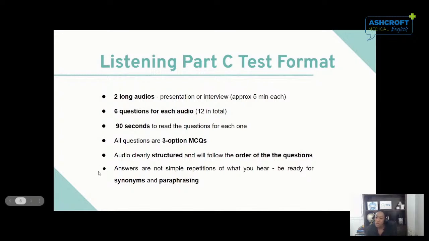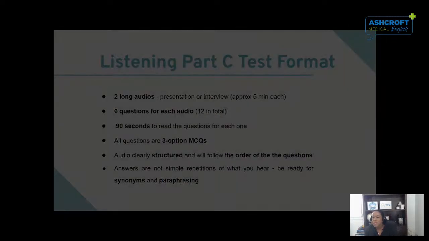The audio is clearly structured and will follow the order of the questions. And do remember that the answers that you'll hear in the audio do not directly correspond with the options that you'll see on the paper. In other words, be ready to hear synonyms and paraphrasings to get the right answer.